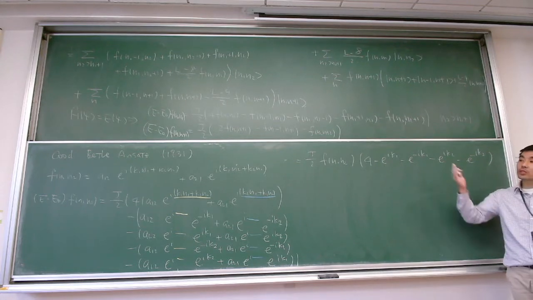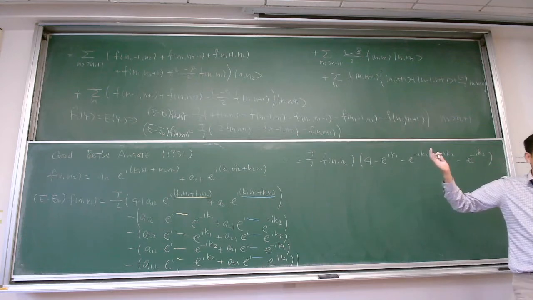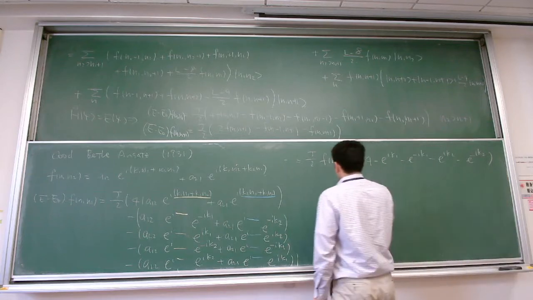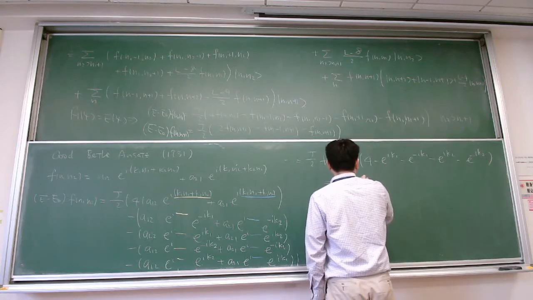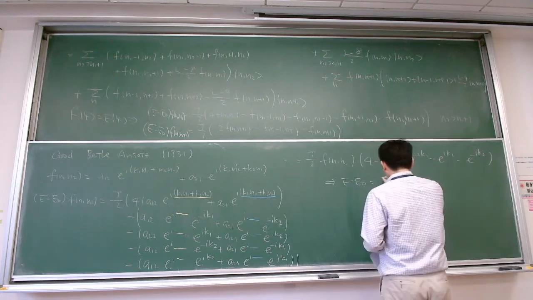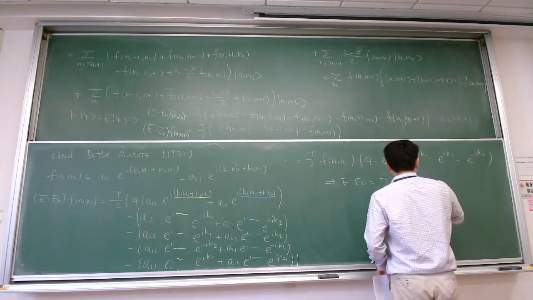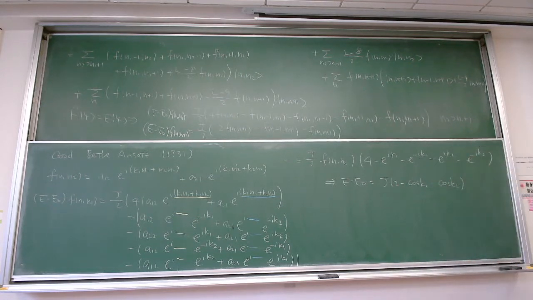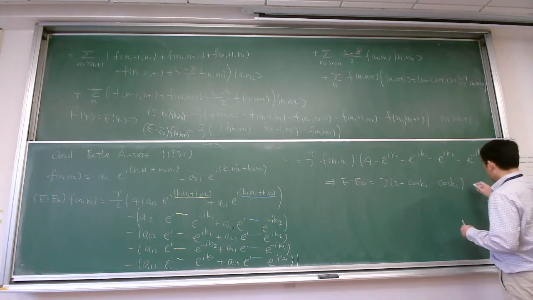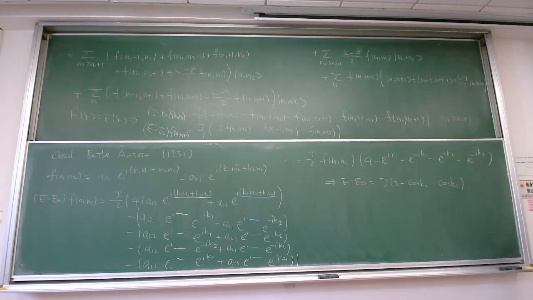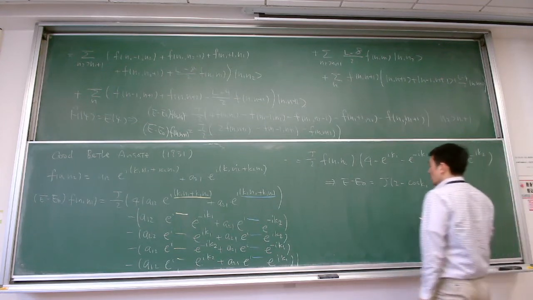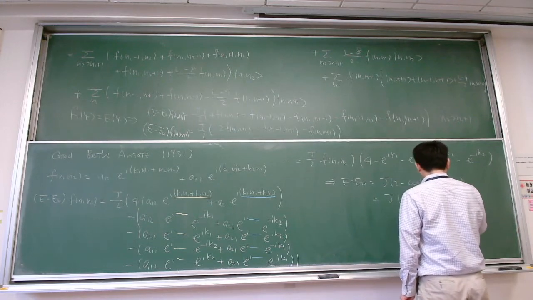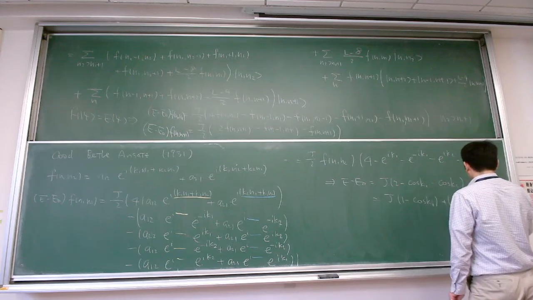But now, if you use the coordinate Bethe ansatz, you can find the eigenvalue of the Hamiltonian. So E minus E0 is equal to J times (1 minus cos k1) plus (1 minus cos k2).